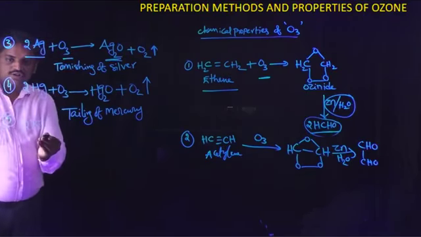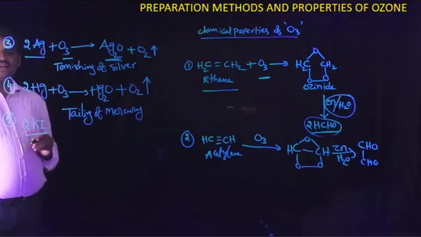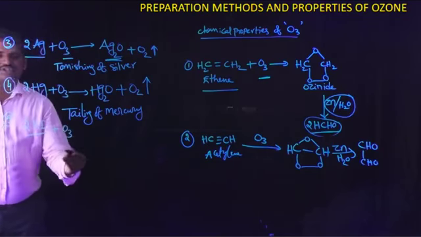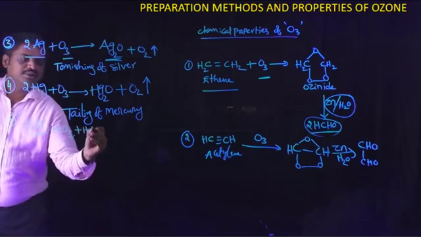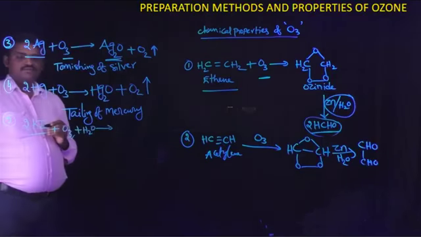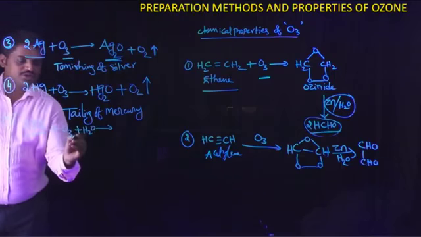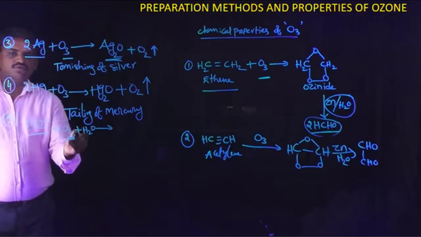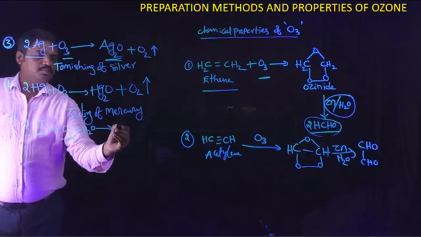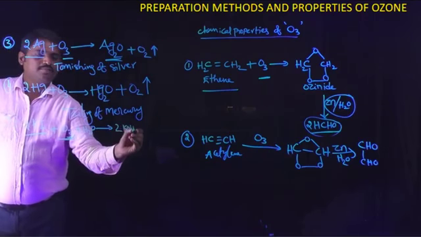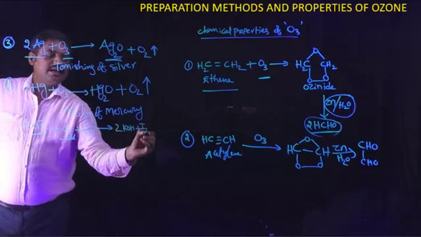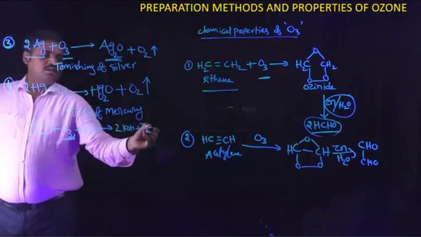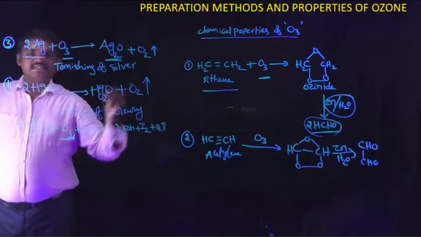Potassium iodide reacts with ozone molecule in the presence of water, means moisture, to produce potassium hydroxide, and iodine gaseous molecules are eliminated, and a few amount of oxygen gas is liberated.